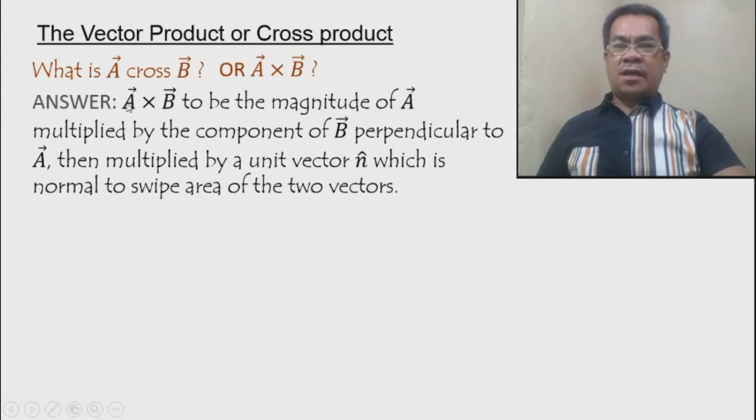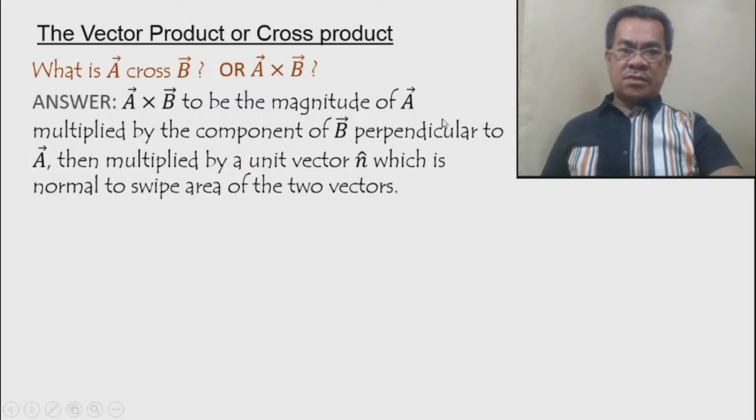Okay, the answer is that A cross B is the magnitude of A multiplied by the component of B perpendicular to A. If you remember our discussion of the scalar product, we are talking about the product, but in the scalar product we are concerned with the parallel component, the component in the same direction as the other vector.